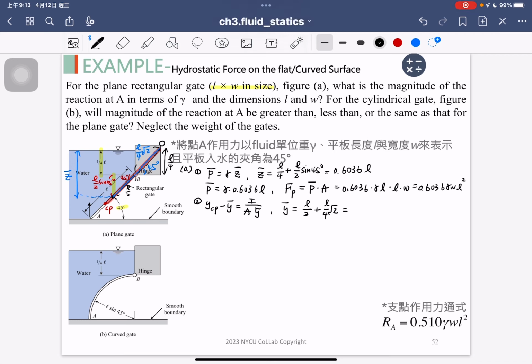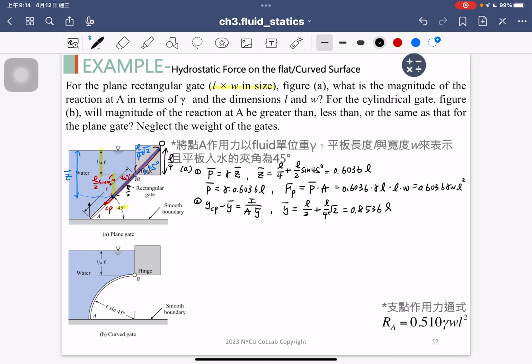We use the calculator: root 2 divided by 4, plus 2 over 1, that is plus 0.5. I double checked: root 2 divided by 4 plus 0.5. So the length here is 0.8536 L. Okay, so we have the Y bar.